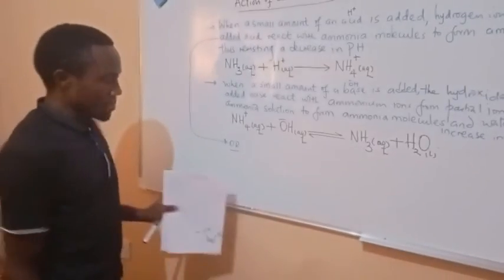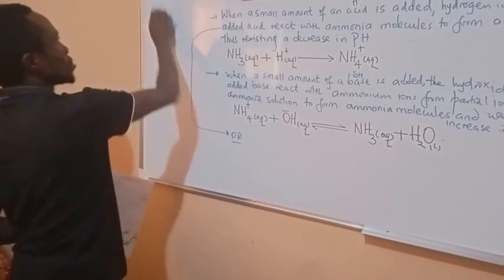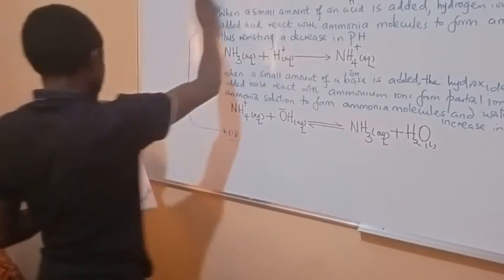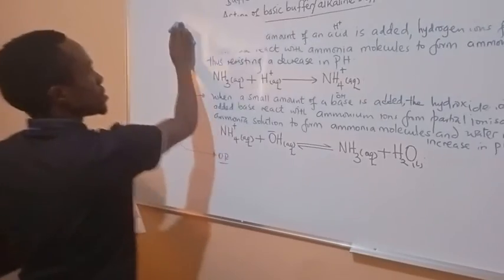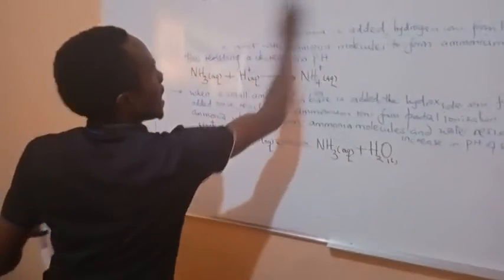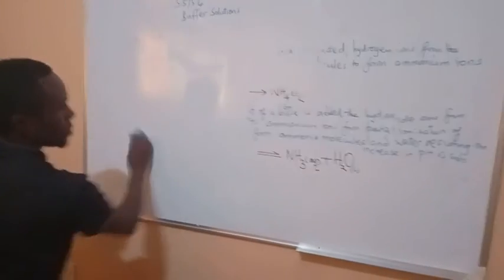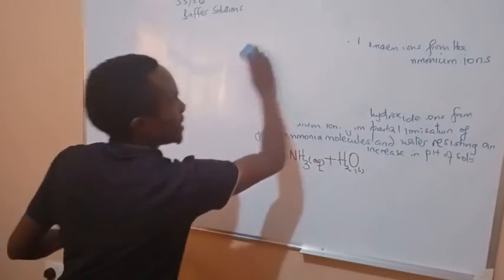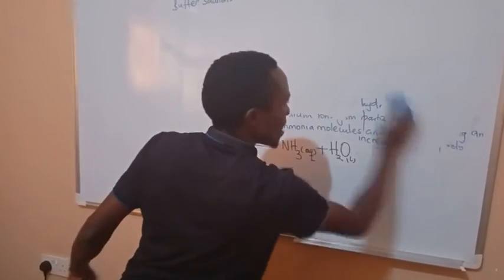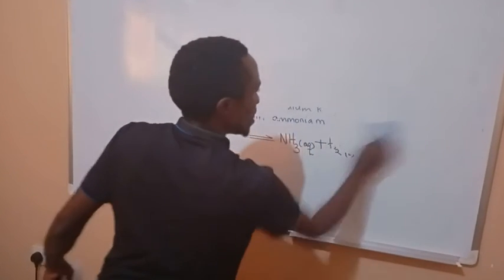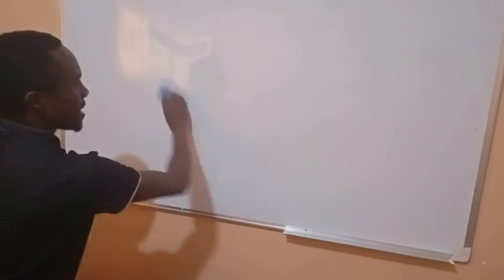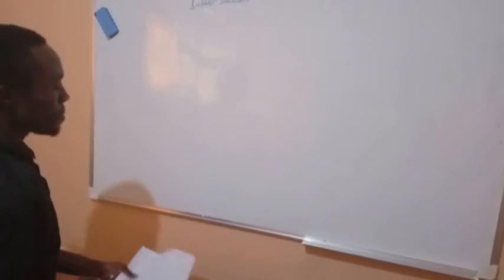So, if I summarize the action of an alkaline buffer in terms of equations, you first need to know the components.